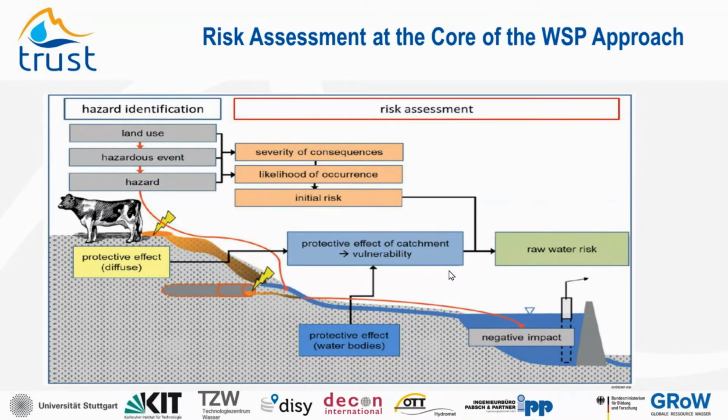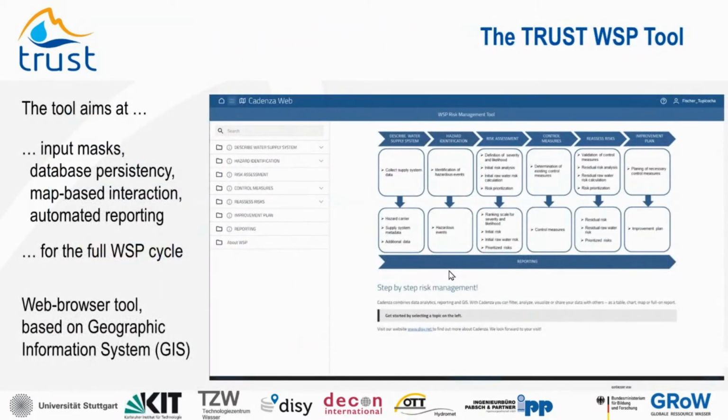So these are the core concepts. We need to identify hazards. We have to think about vulnerability and protective layers, and then we can create risk maps from that. And this is what our tool basically supports. It is a web-based and geographic information system based tool which guides you through the full WSP life cycle. Not yet now, but sometime it will.